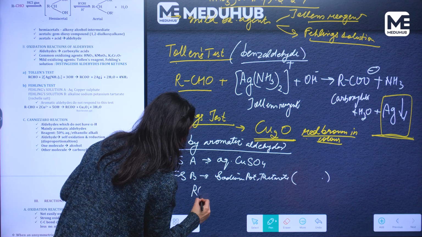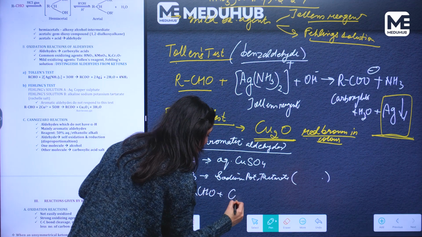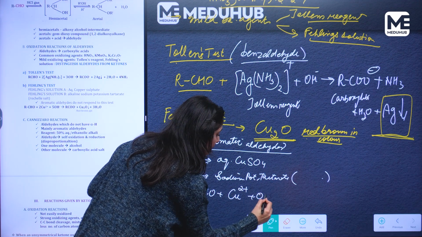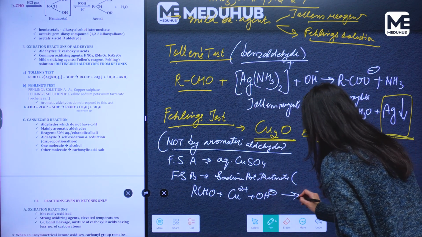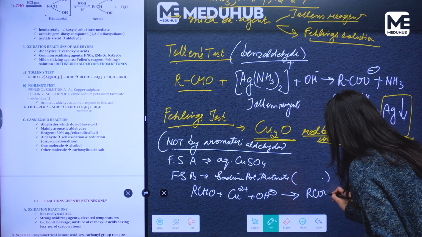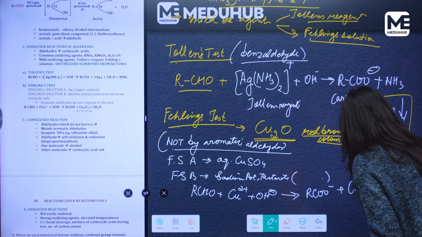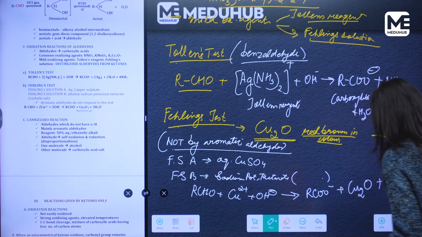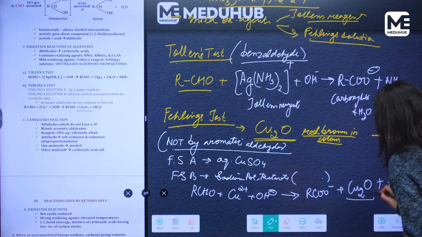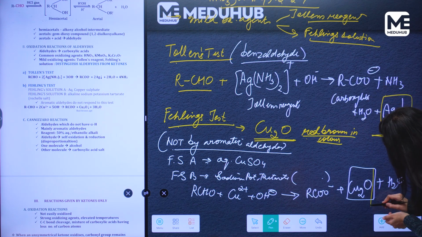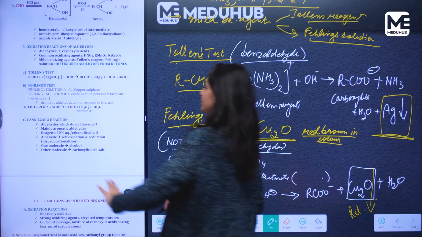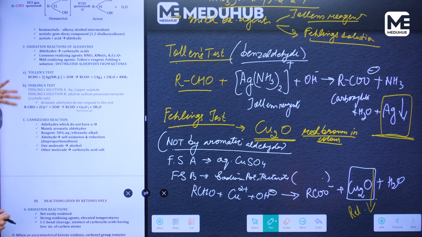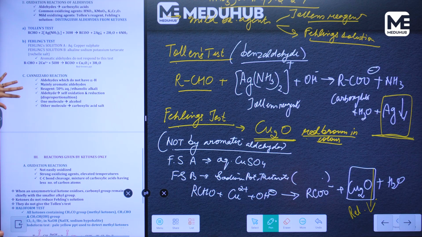So we have RCHO reacting with Cu2+, and this is an alkaline solution. It gives us RCOO minus plus Cu2O. This precipitates and gives a reddish brown precipitate. So these are the two tests of oxidation reactions of aldehydes not given by ketones.